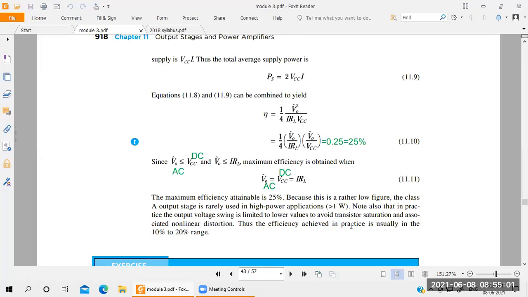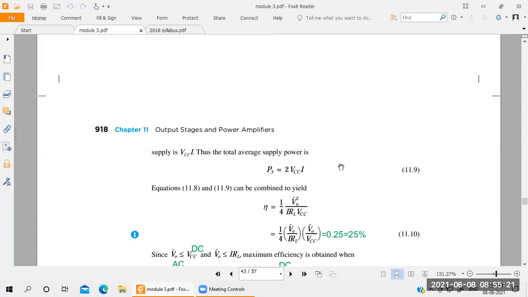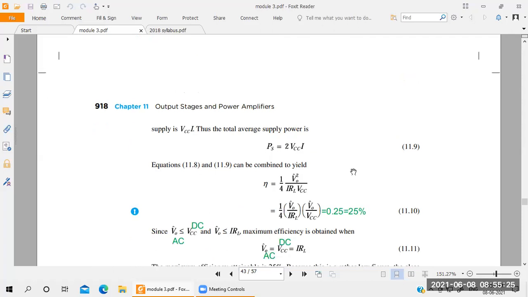Understood? See here, the maximum efficiency can be obtained when the AC voltage is equal to the DC voltage. V naught is equal to VCC. VCC is equal to what? I into RL. From this equation we can put it here. We get 25% efficiency for the class A amplifier. They will ask for 6 marks. Remember this. This is very simple, but you have to practice.